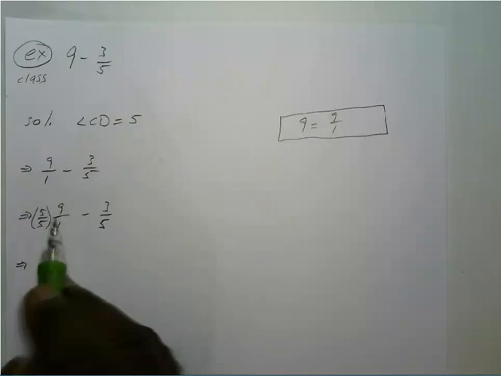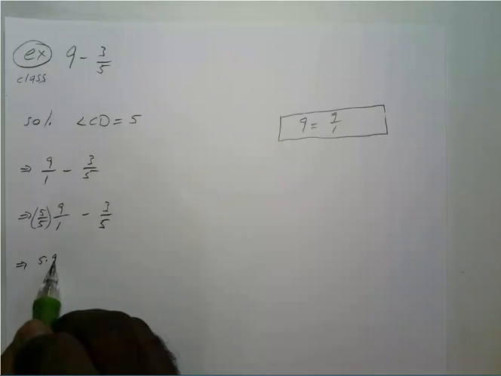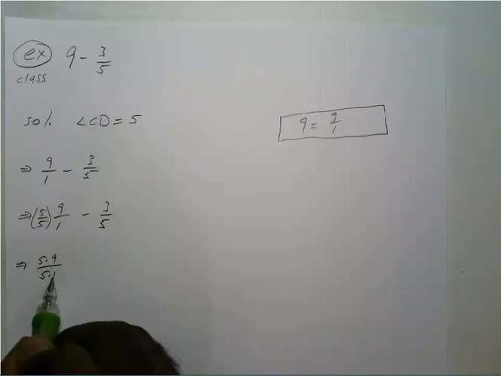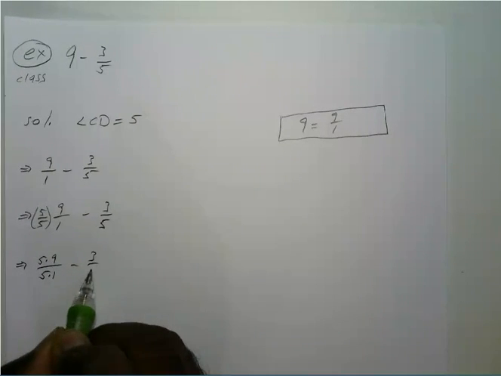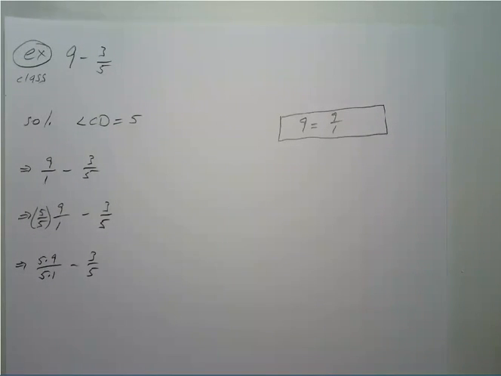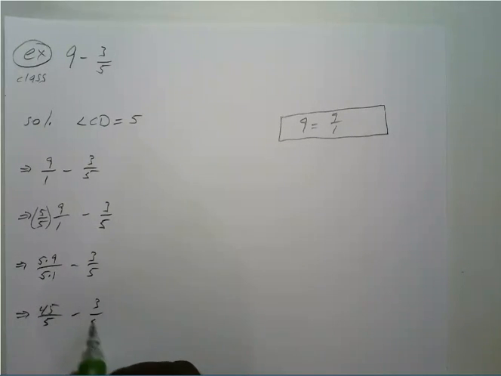Okay, so you have 5 times 9 over 5 times 1 minus 3 over 5. 5 times 9 is 45 over 5 times 1, which is 5, minus 3 over 5.